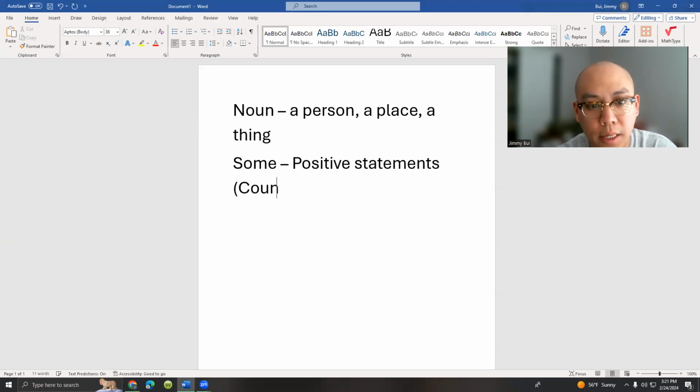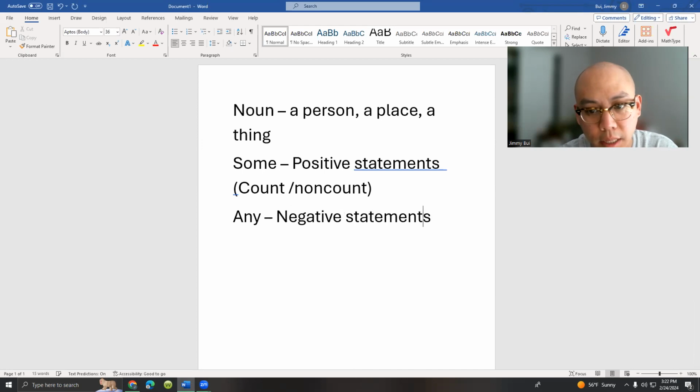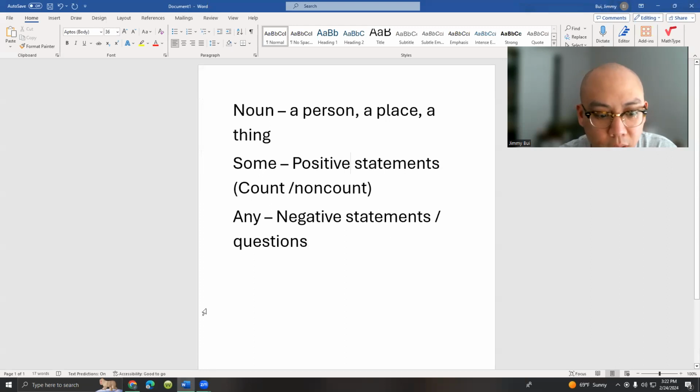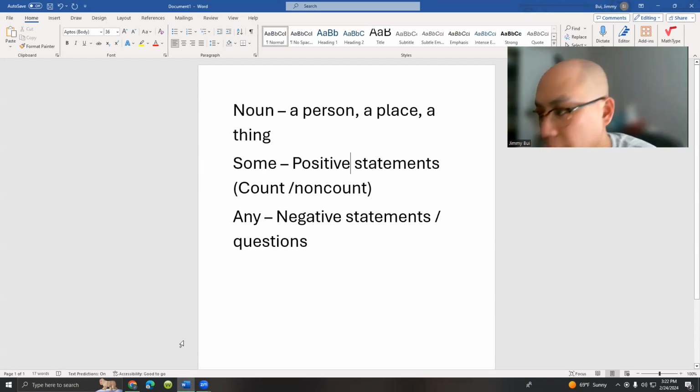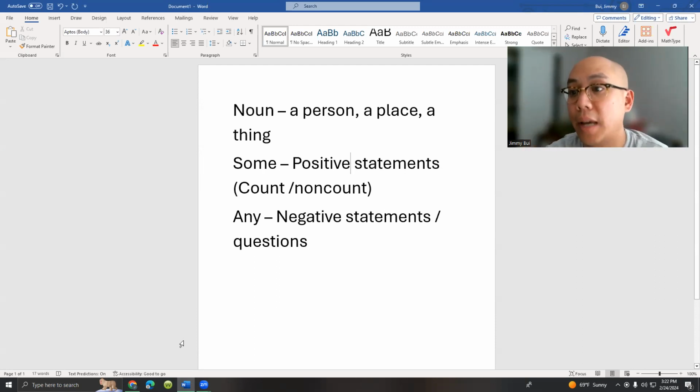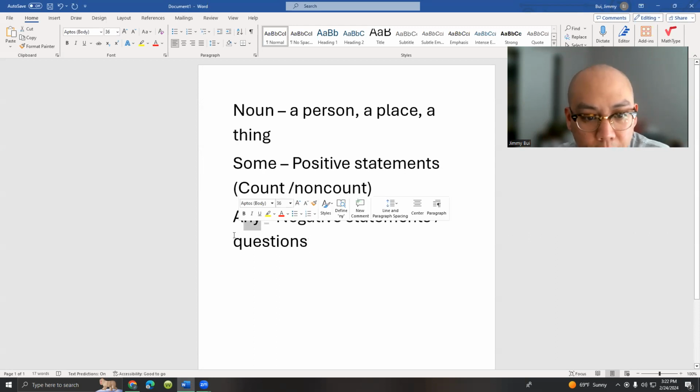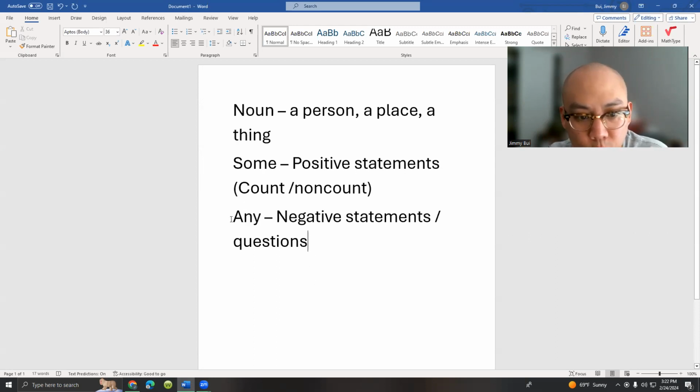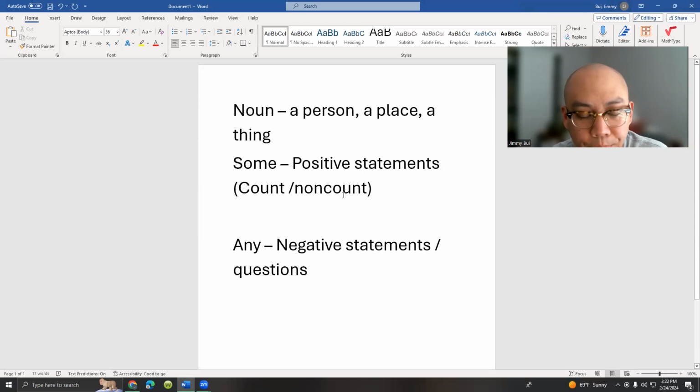Okay, count and non-count. Any is for negative statements and questions. So positive statements or affirmative statements. I like to use the word positive because it's easy to understand. Positive as in yes or affirmative, and negative. And again, this would be for count or non-count.